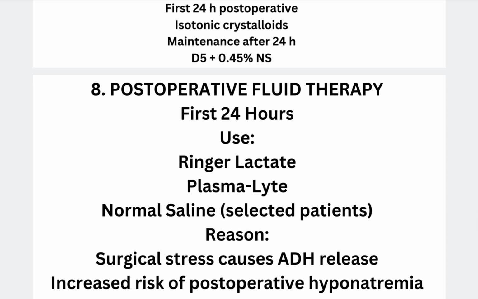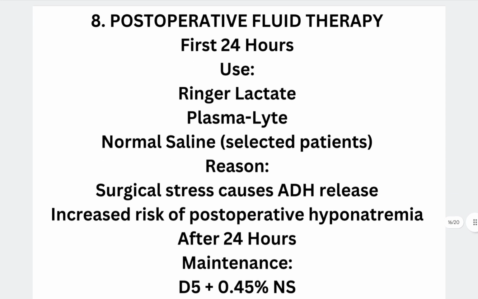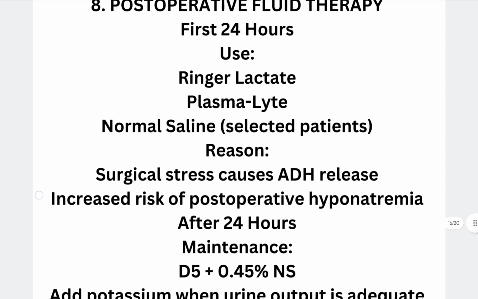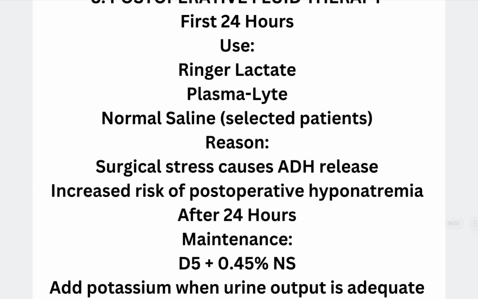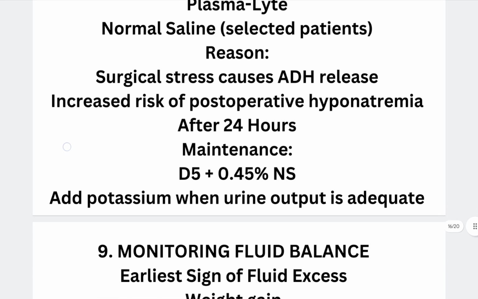Never use normal saline in all patients, because surgery causes antidiuretic hormone release, as I told you in the beginning, which leads to accumulation of sodium and fluid, and the patient will have an increased risk of post-operative hypernatremia due to ADH release. After 24 hours you can use D5 with 0.45% normal saline.